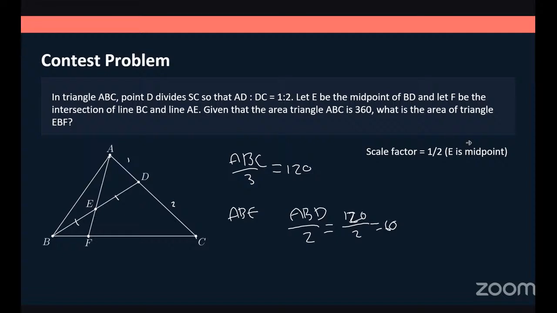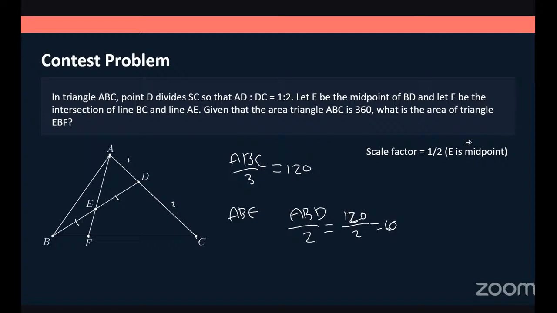Then this is where it gets a little more complicated, but we look at the altitude. So AF is what we're looking at, and that's the altitude from BC to A from here. And then to get a proportion from there, we look at this side, so AC and AD.